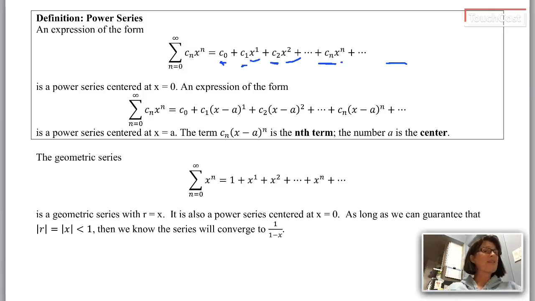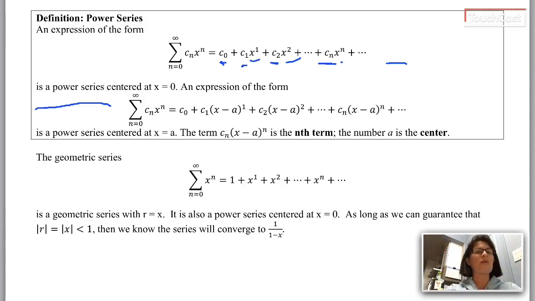And then we call this a power series centered at x equals 0. Notice that if I wanted to center my series somewhere else, you can see it's written down here. Still the coefficients are the same, but instead of having a power of x, I would have a power of x minus a. Remember, having an x minus a is a horizontal shift to the right; it takes a function or a series or a graph or whatever you want and shifts it a spaces to the right.